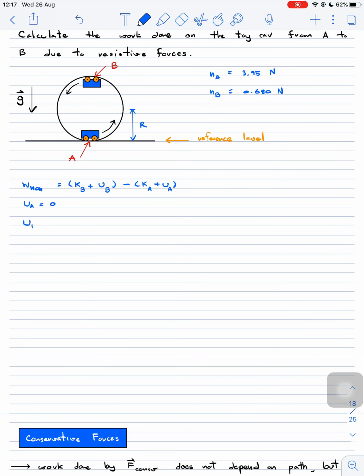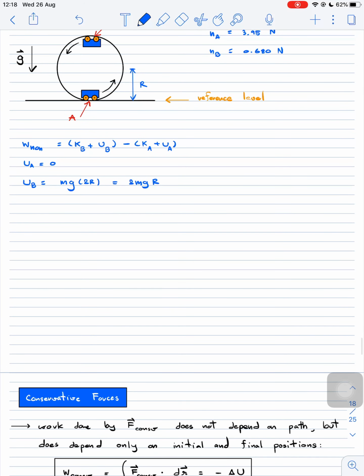And then how about UB, right? The UB here is going to be equal to the mass times g, and then times the displacement from the reference level, equal to 2R, which is equal to 2mg times R.